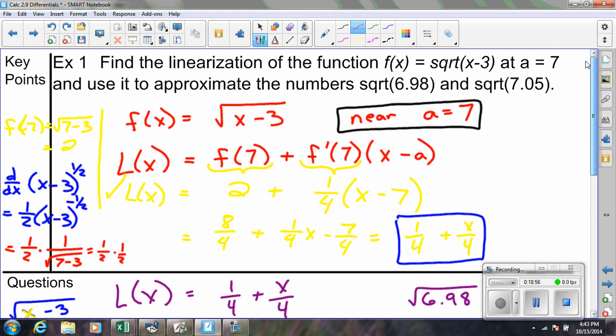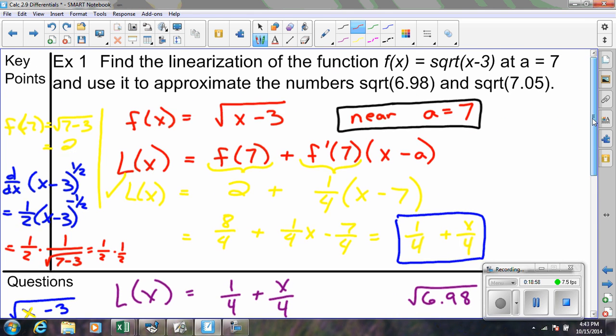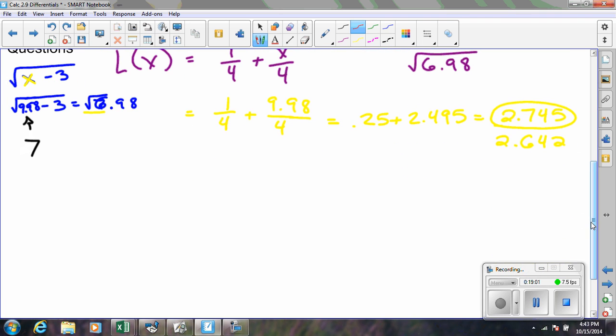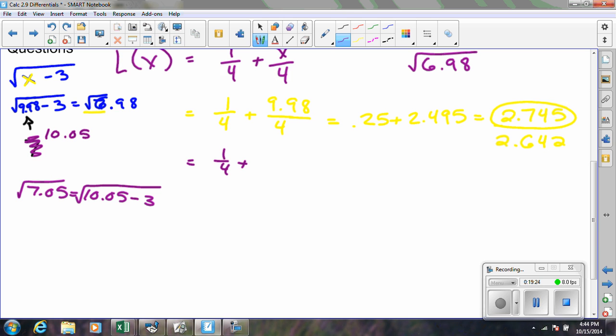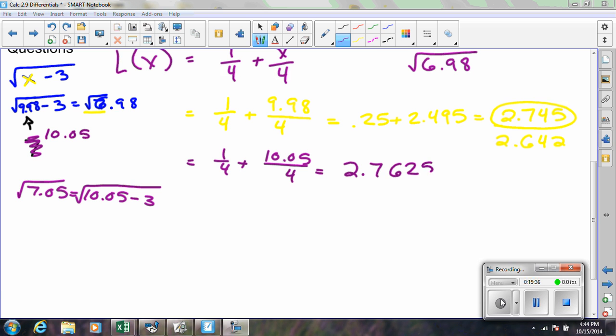We could do this exact same thing for the square root of 7.05 and just repeat this piece with 7.05 equal to 10.05 minus 3. So when we take our square root, instead of 9.98, we could plug in 10.05 and just replace these numbers, 1/4 plus 10.05 over 4, and that value equals 2.7625.